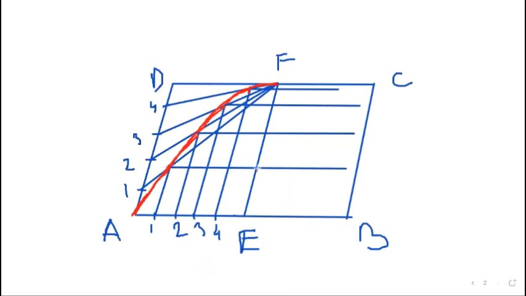Suppose this is E. So from this point measure up to this point, and it will be here. Similarly, this point you measure by compass, and again it will come like this, at each point.